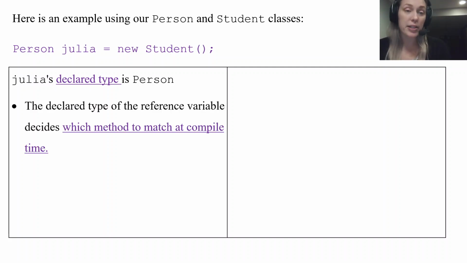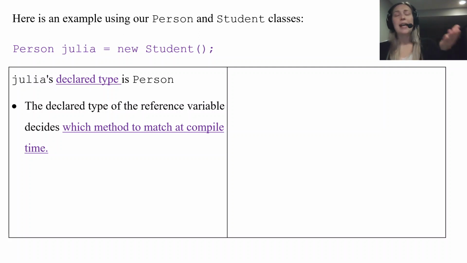The declared type of your reference variable decides which method to match at compile time. So if you were to run a method using Julia, Julia dot say something, or Julia dot get age, that method has to be in the person class in order for it to compile.